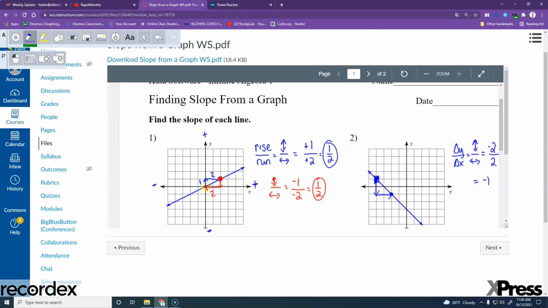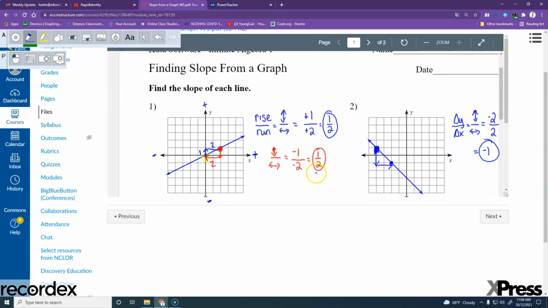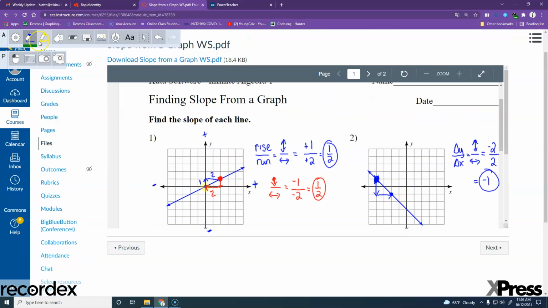It's negative 1. A number divided by itself is 1, not 0. So you get a negative 1 there. So you have a slope of negative 1. Okay. Questions so far? Because I'm going to have to erase this. Make sure everybody's got it.